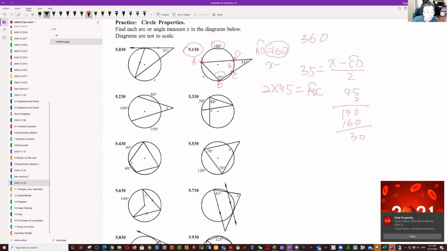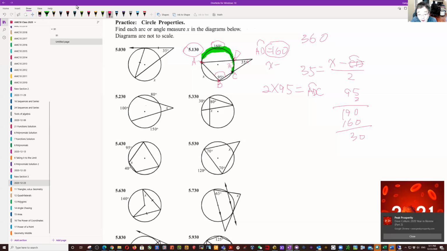So the 95 is an inscribed angle. The arc facing it, meaning the arc not including the tip of the angle, is double the angle. So you're able to figure out CD is 30.